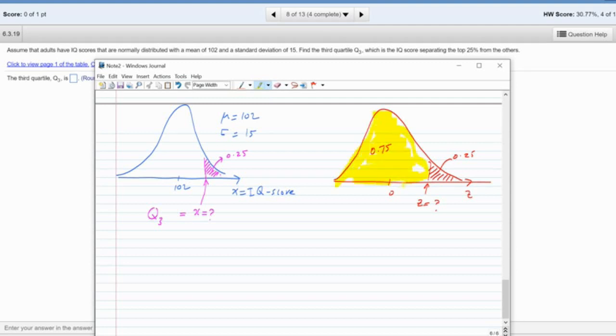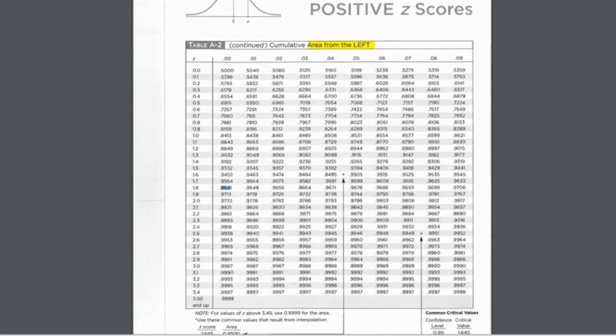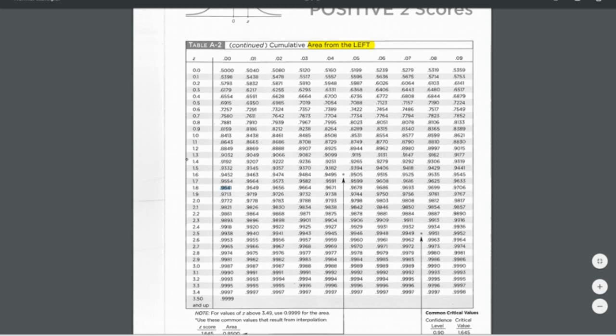Now we locate 0.75 on the table, so it must be on the second table. 0.75, the closest one if you don't have the exact one. 0.75 is between 0.7486 and 0.7517. Which is the closest one?